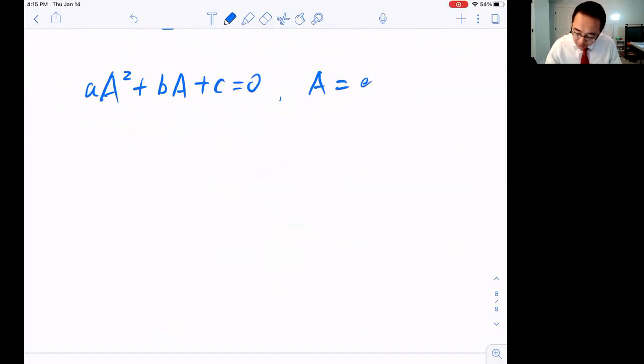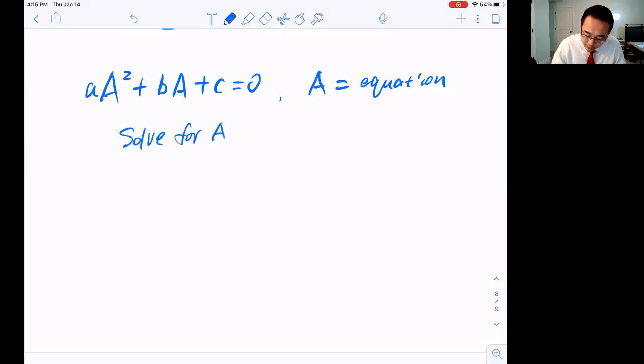So a whole other equation all by itself, okay? The way to do this is you still solve for A first, okay? And then once you have the solution for A, then you solve the variables in A.